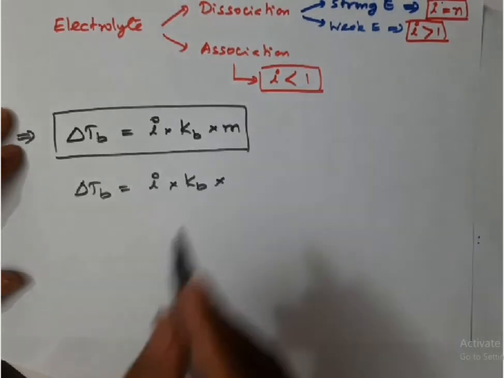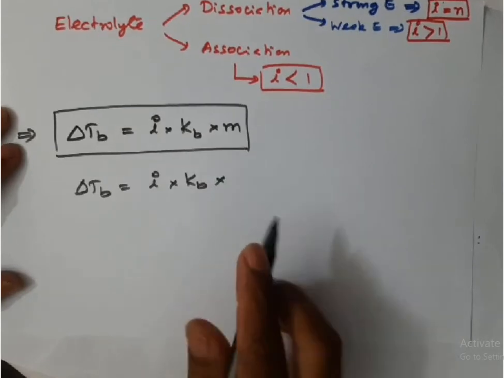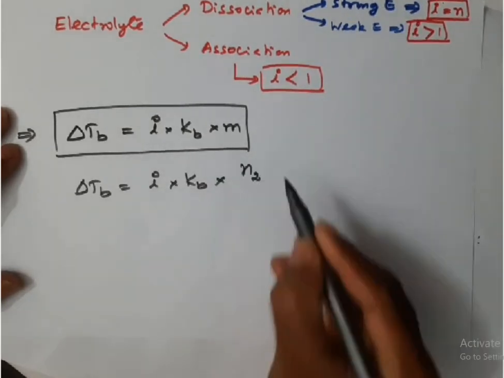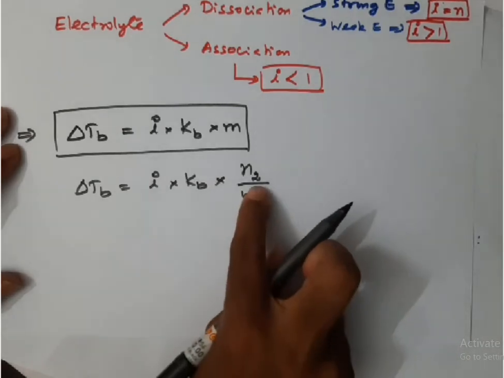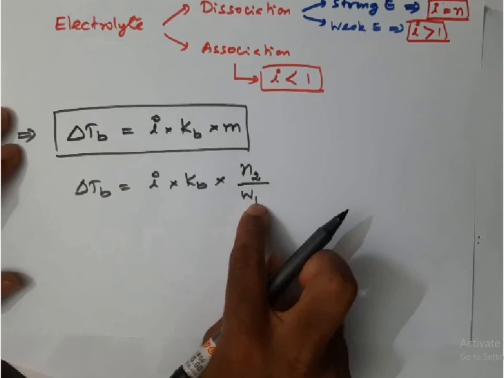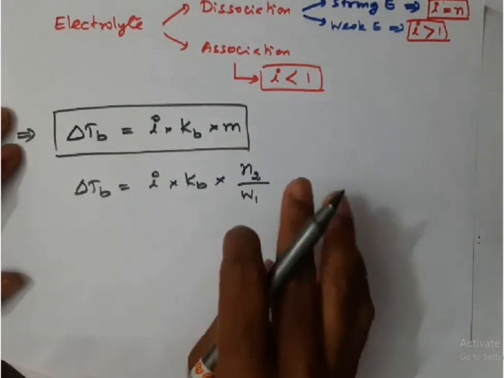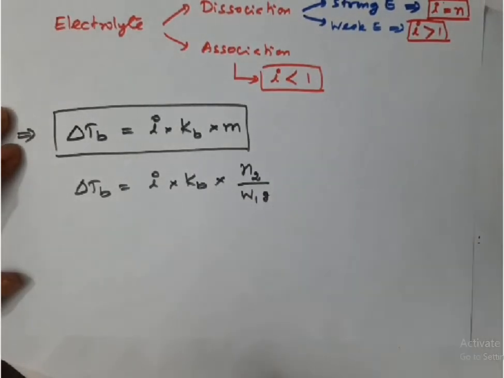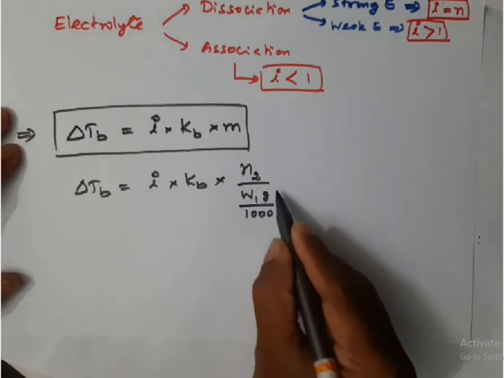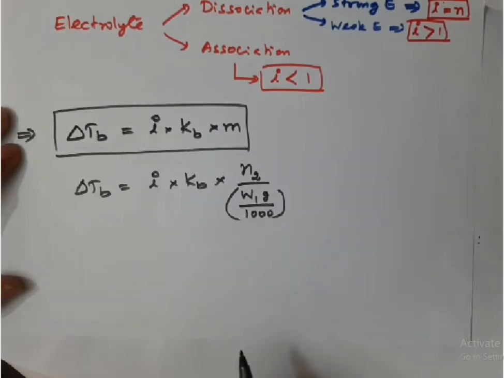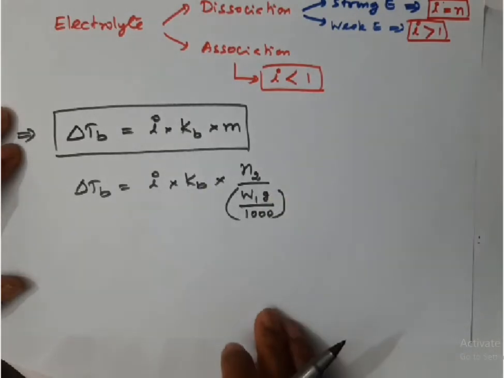What is molality? You know very well, molality is the number of moles of solute divided by the mass of solvent. 2 represents solute, 1 represents solvent. Number of moles of solute divided by mass of solvent in kilogram. It should be in kilogram, but usually we give this in gram, so divide this value by 1000 so that it becomes kilogram.